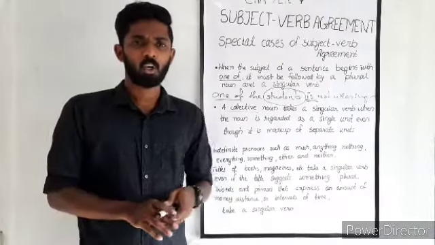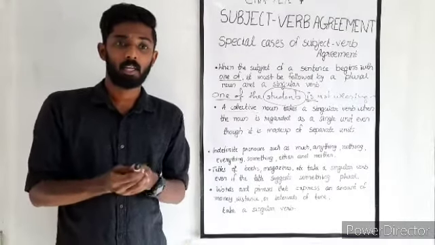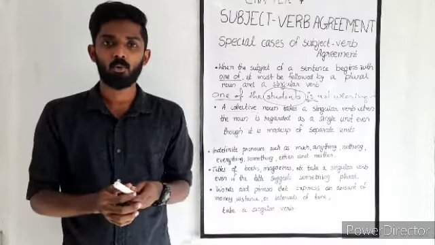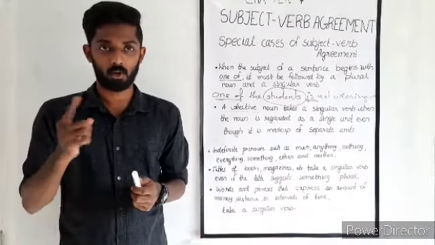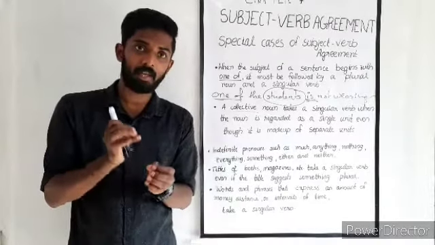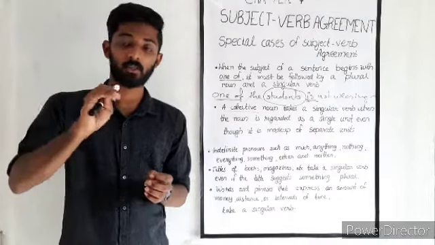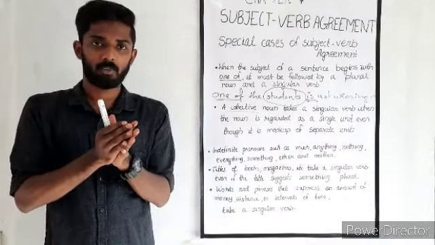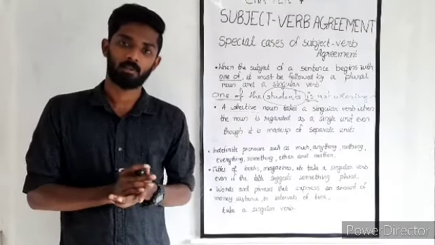The next one: when the subject of a sentence contains the phrase pair of, it must be followed by a plural noun and a singular verb. This is because the word pair is singular, though it means two. For example, a pair of spectacles was found in the playground.